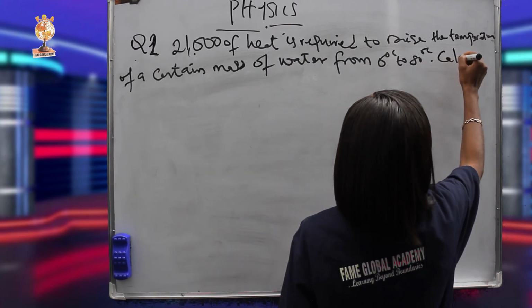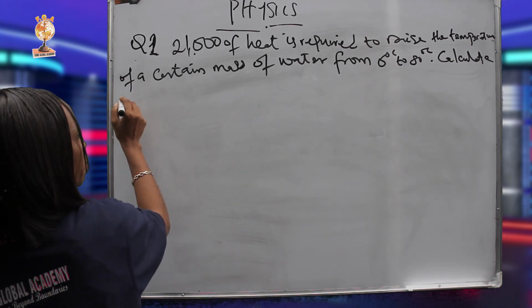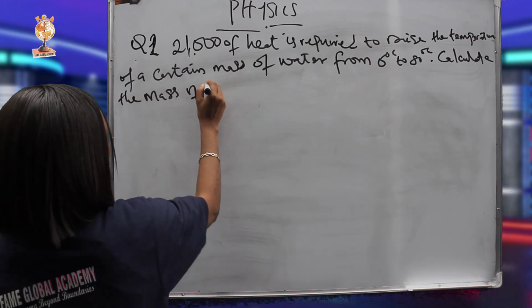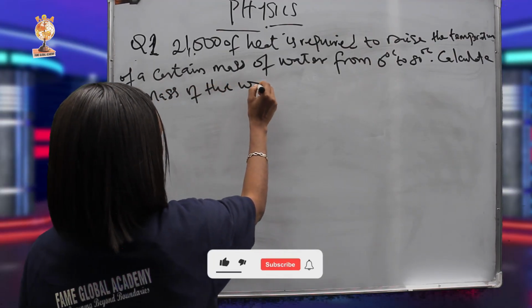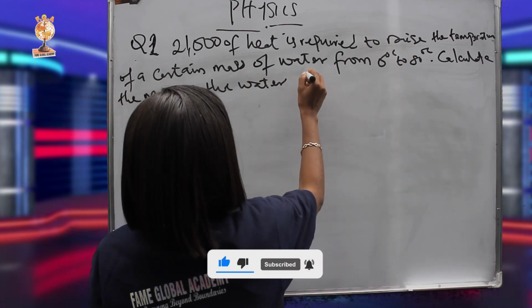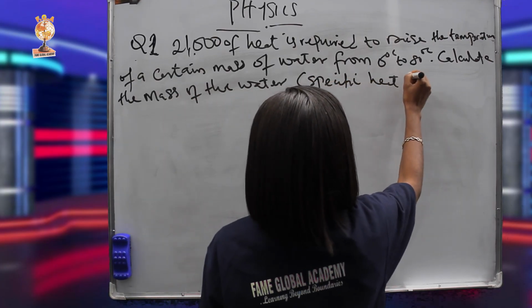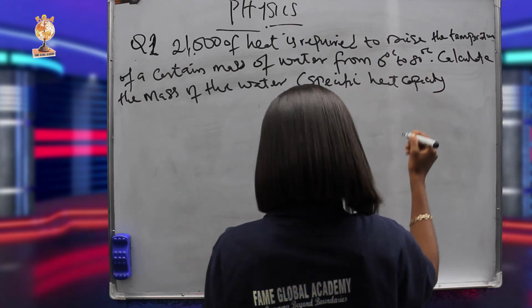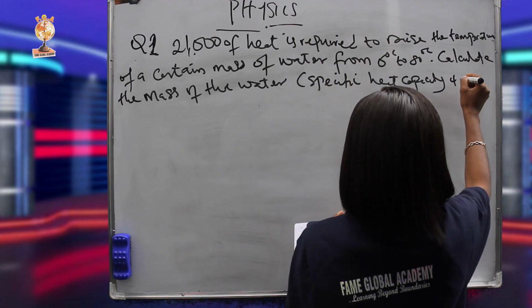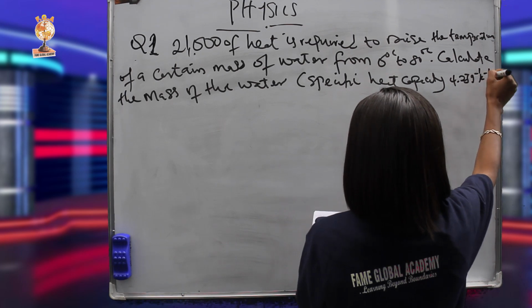Calculate the mass of the water. In bracket, specific heat capacity is 4.2 joules per gram per Kelvin.